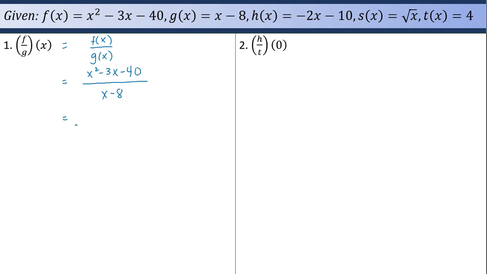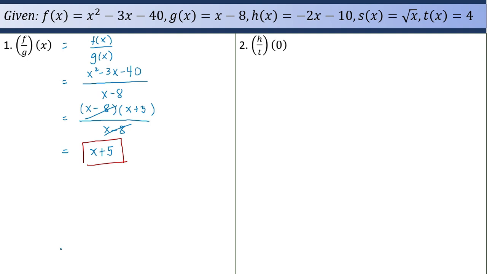Ang x squared minus 3x minus 40 ay pwede nating i-factor. Okay? That is just equal to x minus 8 times x plus 5. Tama ba? Over x minus 8. So nakikita ninyo na meron tayong pwedeng makancel. So ang matitira na lang is x plus 5. Okay? Therefore, f over g of x is equal to x plus 5.